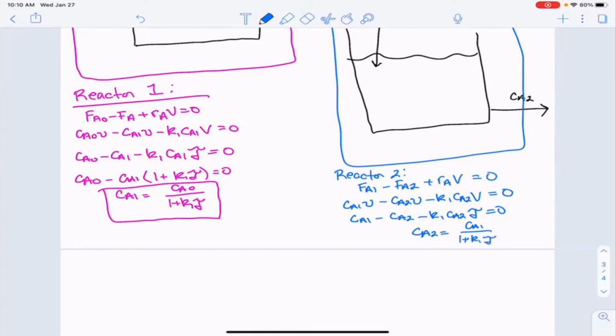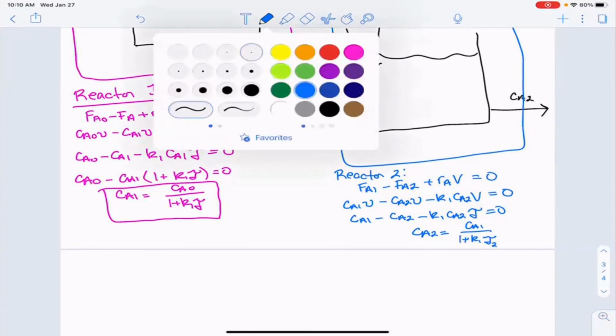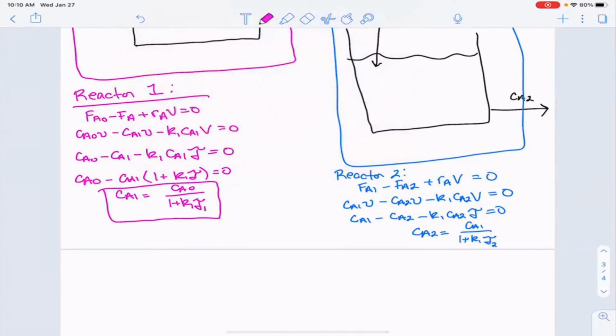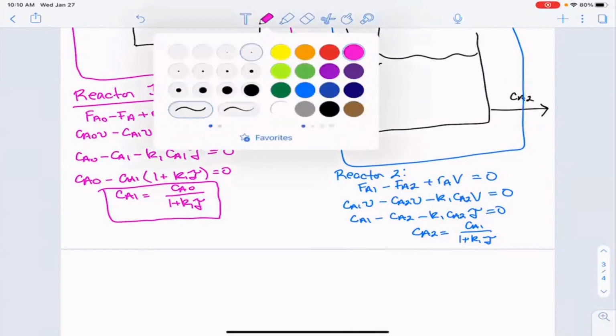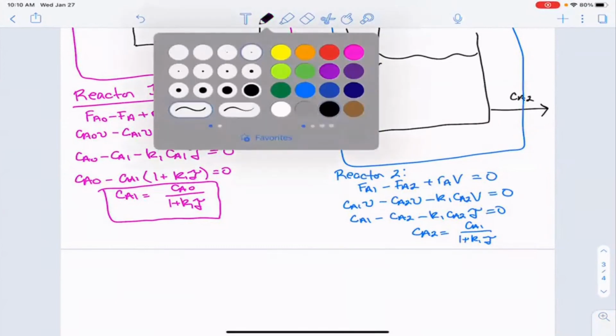If we want to be specific, this could be tau 2, and this could be tau 1. In this particular problem, they are equal to each other, so leaving those as just tau is okay. But you don't always have to have CSTRs in series that are equal size.